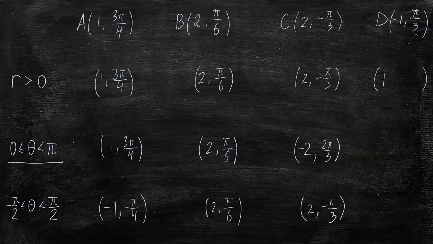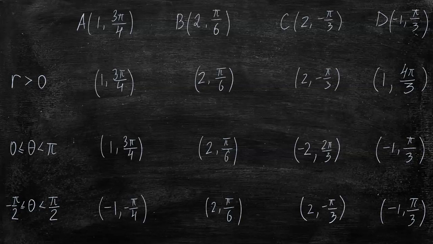But when you flip the sign, you have to add or subtract pi, or any odd number of pi's, from the angular coordinate. So let's just add a pi, and then it becomes 4 pi over 3. Now it does satisfy the second condition, and finally pi over 3 also satisfies this condition as well.